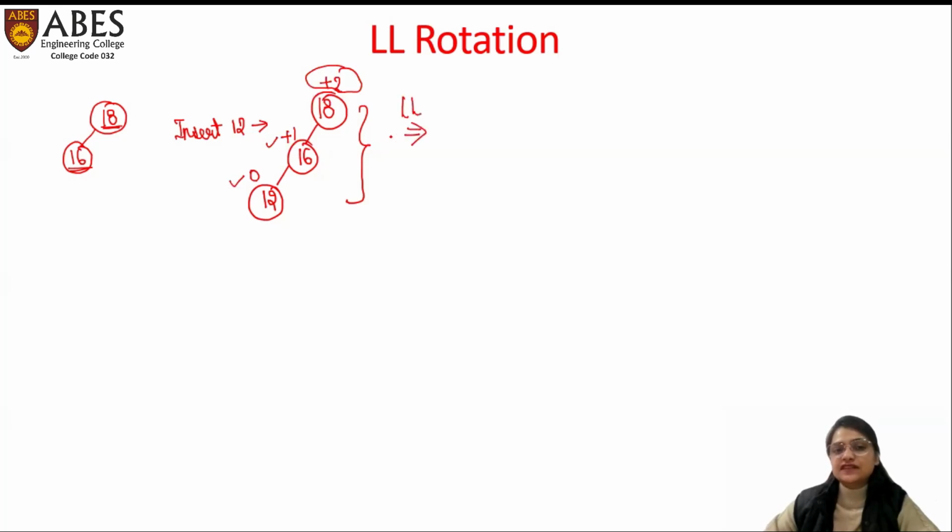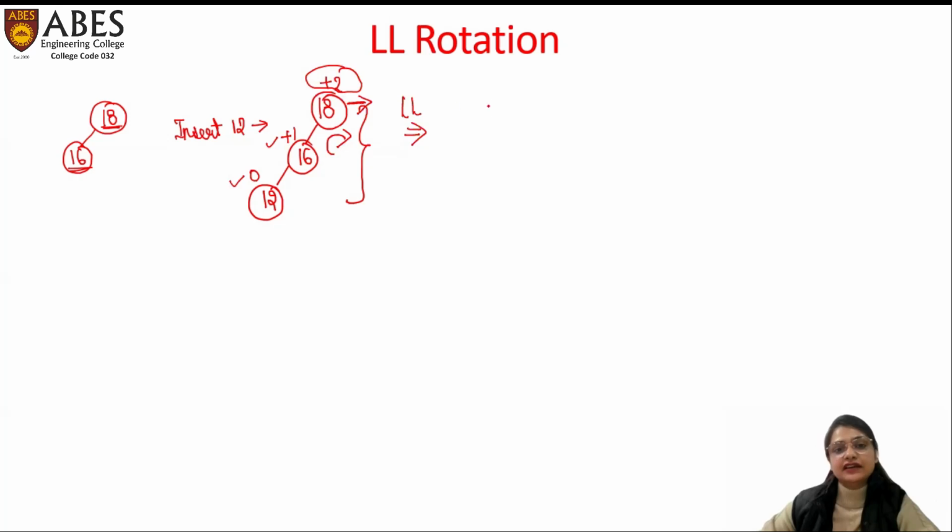In LL rotation, which is left-left rotation, we have to perform a single right rotation, at the node where it is unbalanced. Please make a note of it: only at the node where the tree is unbalanced do we need to perform the rotation, which is a single right. So at this point we perform a single right operation.